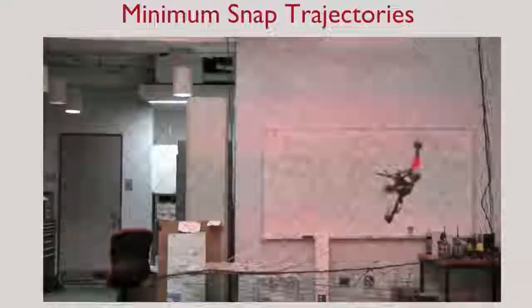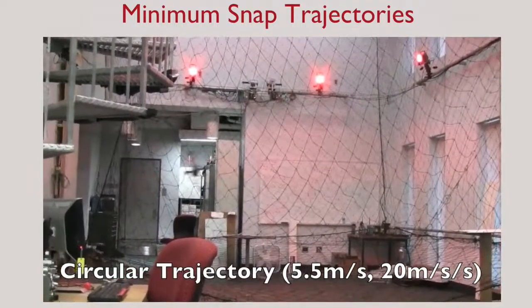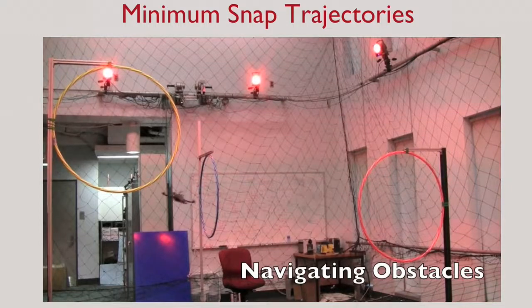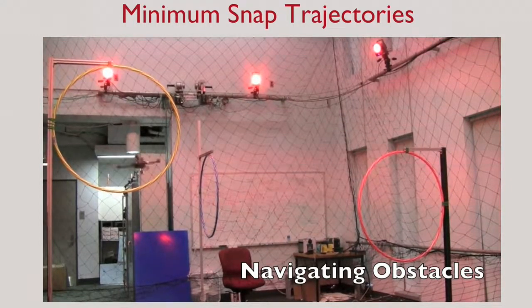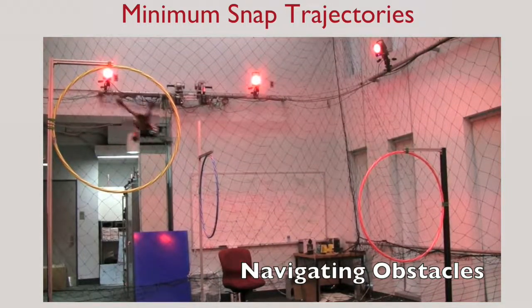These circular trajectories are also minimum snap trajectories. In this example, the minimum snap trajectory has been designed to go through circular hoops, ensuring that the resulting trajectory is dynamically feasible and safe.